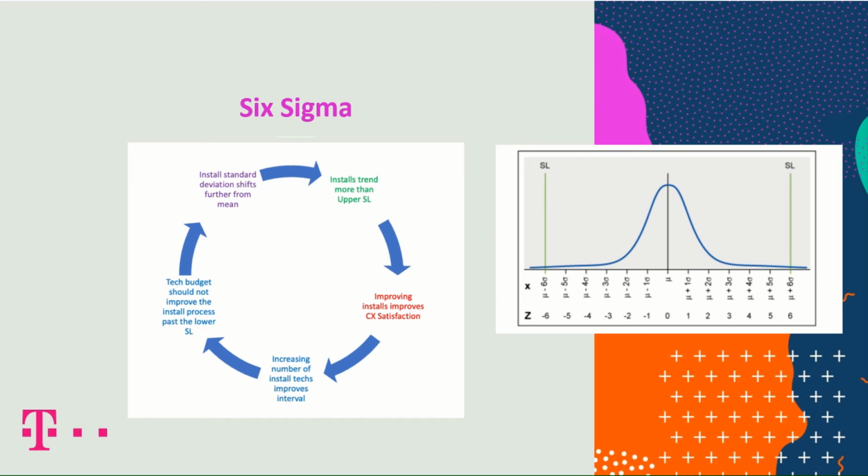And the visual on the right here is a theoretical depiction of 6 standard deviations from a theoretical mean of successful installs. This can measure how many total days the customer waits for the install from the moment they order it to when the product is installed by a tech.